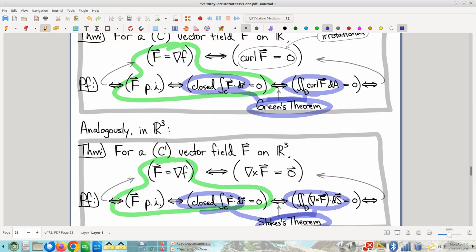And so, yeah, a little different, right? But really analogous in important ways here.